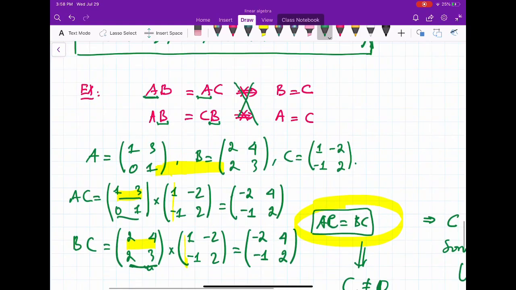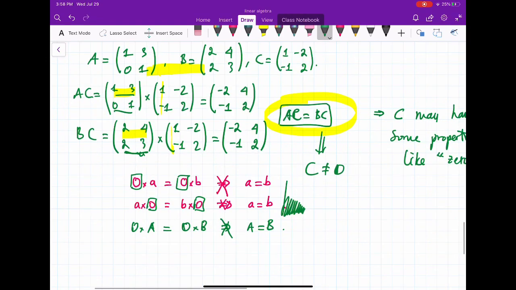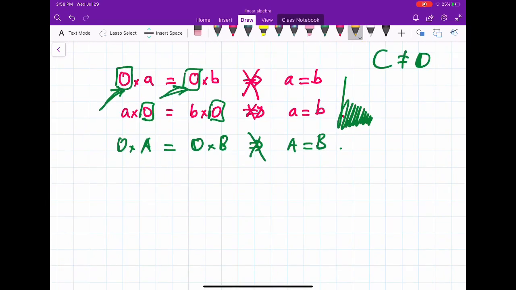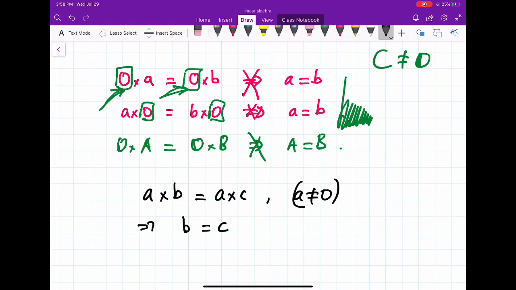But look at this. If this is not 0, so what happened? If that is not 0, we are good. Why? If you have A times B equal to A times C, and A is not 0, from here you get B equal to C because you can cancel A just by dividing both sides by A. Or you can say you multiply both sides by A to the -1.